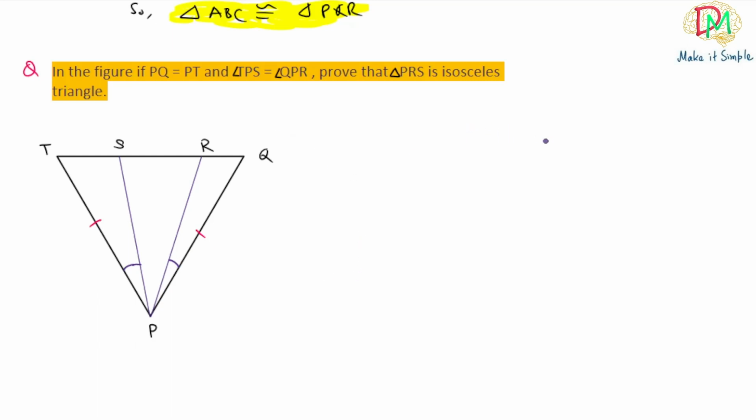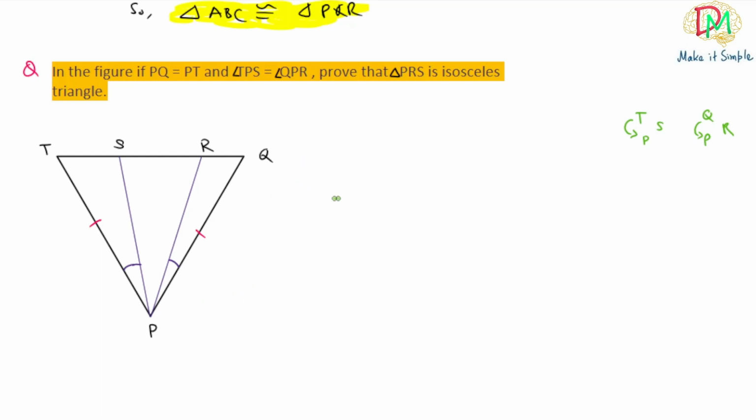So we have to follow the orientation. Here we start from TPS, T, then P, then S, and here we start QPR.